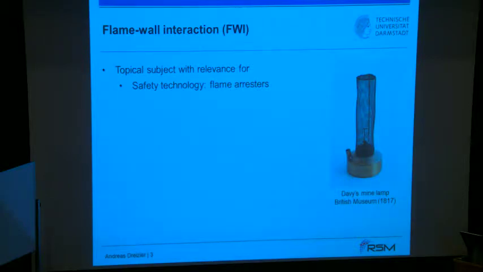But of course, if there would be any gases outgassing from your mine, you would have an explosion. And so by that time, using a mesh allowed to transmit the photons, but worked as a flame arrestor. So even if there is a surrounding of ignitable methane air or whatever it was, there was a certain protection against that because the flame from the inner could not pass through that grid.